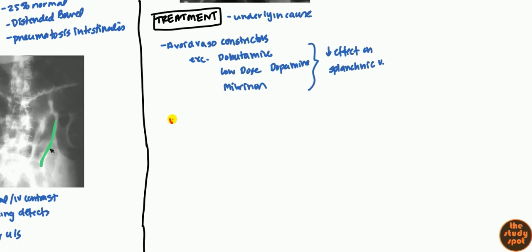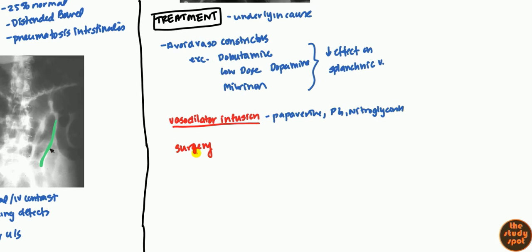What you can also do is a vasodilator infusion, and what this means is you actually go in and inject some type of vasodilator into the superior mesenteric artery. The ones that I use are papaverine, prostaglandin, and nitroglycerin. So there's actually three. And finally, you may need to do surgery, especially if there's any evidence of infarct or perforation.